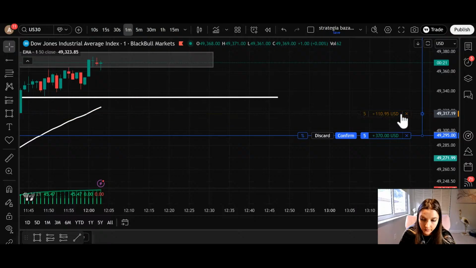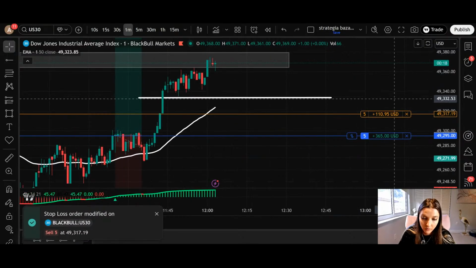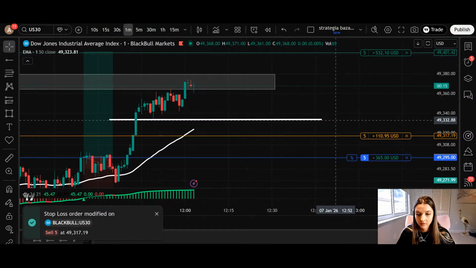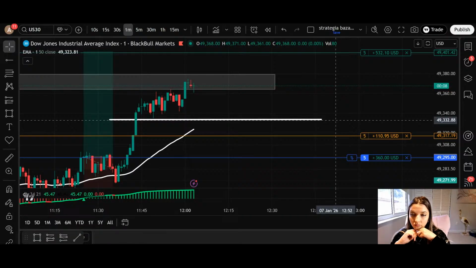Let's do it here. Let's make some money. I move my stop loss to profit. I trade live, so I don't take every trade, but I do have 2 years of back test.